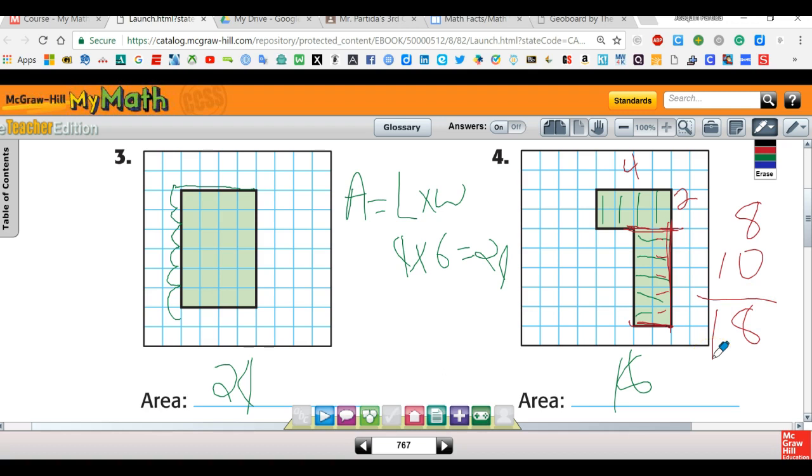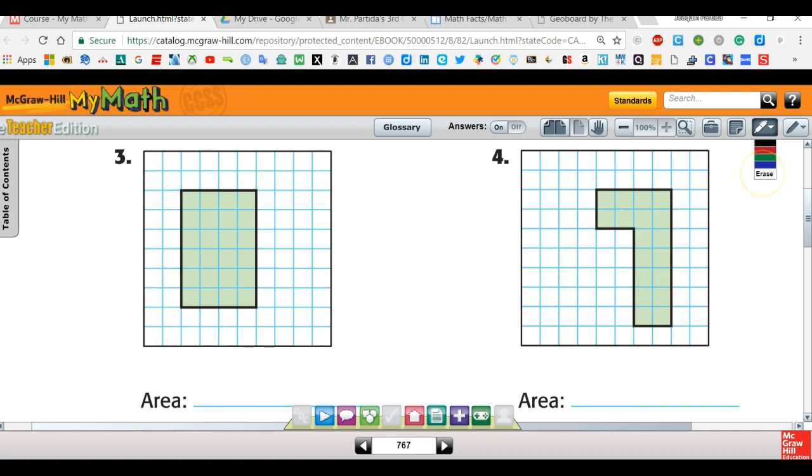Another way to do that. Another way you guys could do it, go ahead. Split it in half. So I split it this way. And then we just counted one row and then we added. Then you knew that this was 4, right? And then the 2 lines.